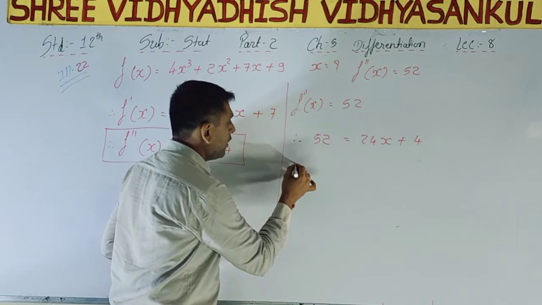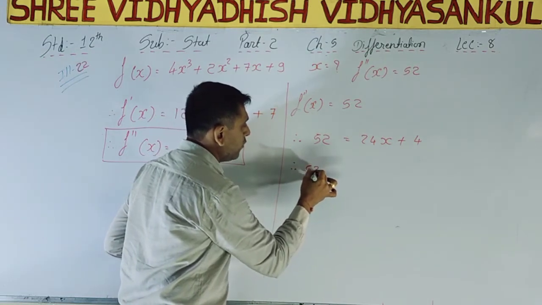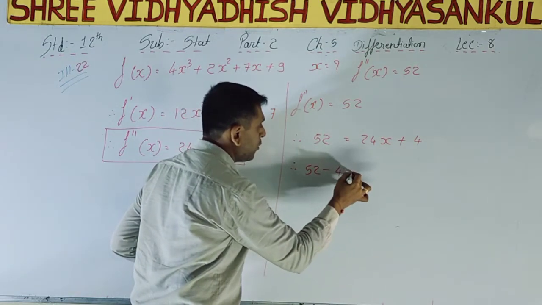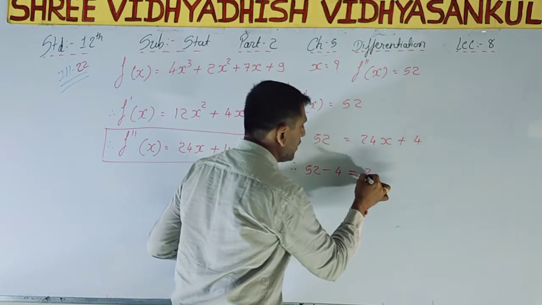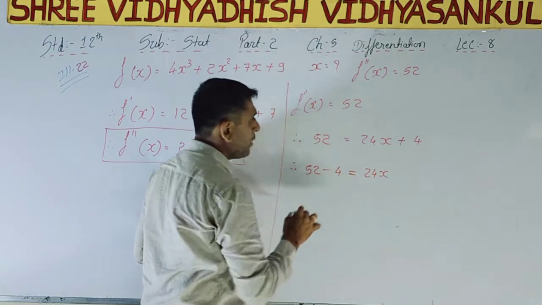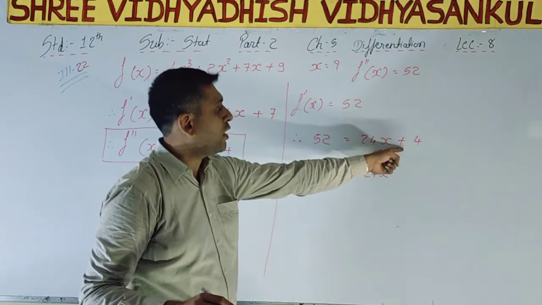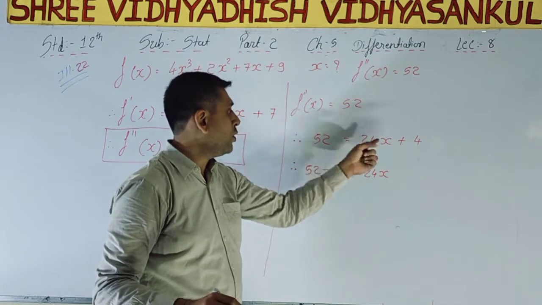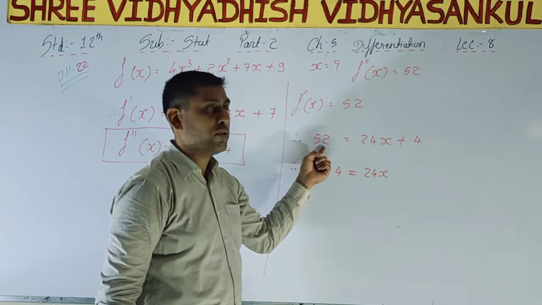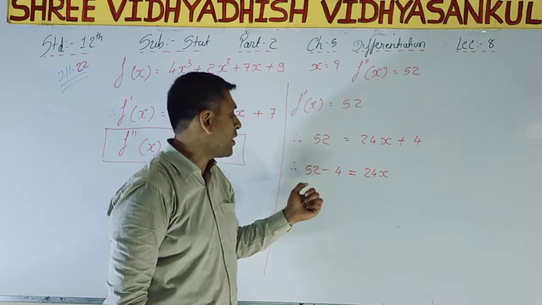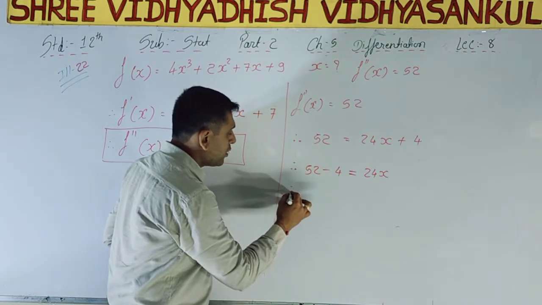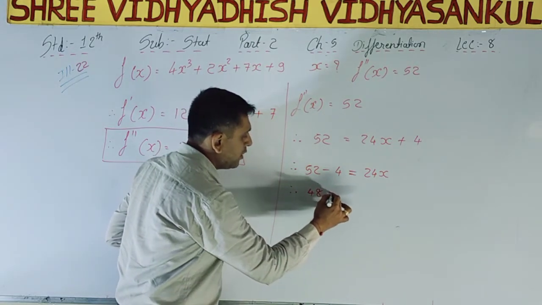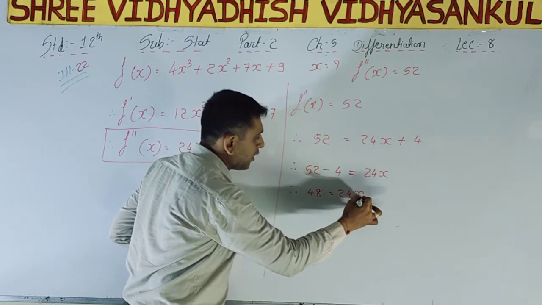Now transfer the 4 to the opposite side of the equals sign. It becomes negative, because 4 is positive; if I transfer it to the opposite side, it becomes minus. So the answer is 48 is equal to 24x.